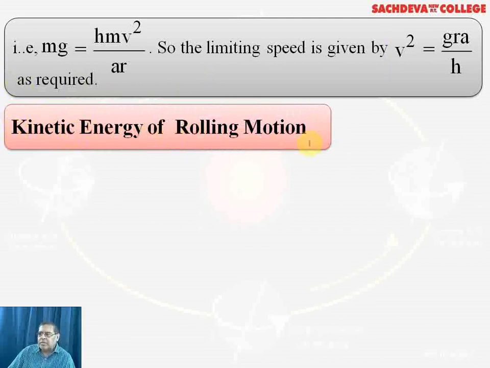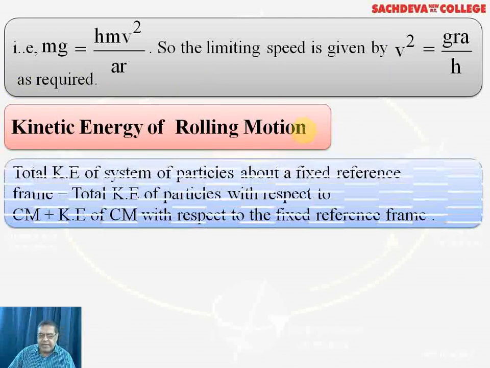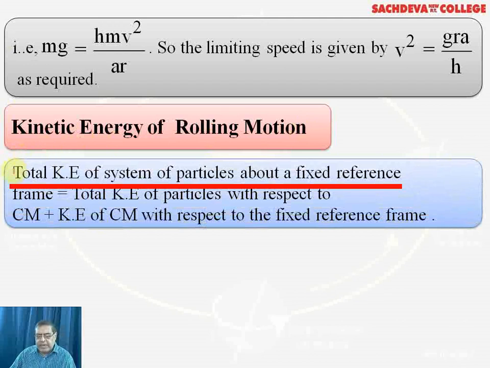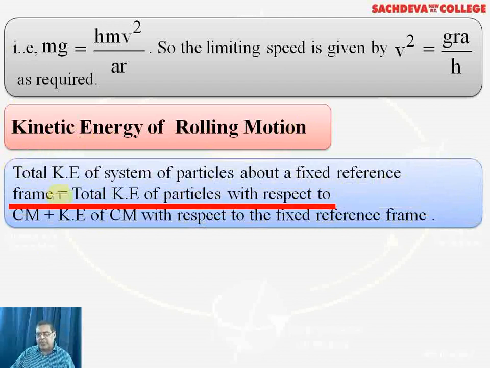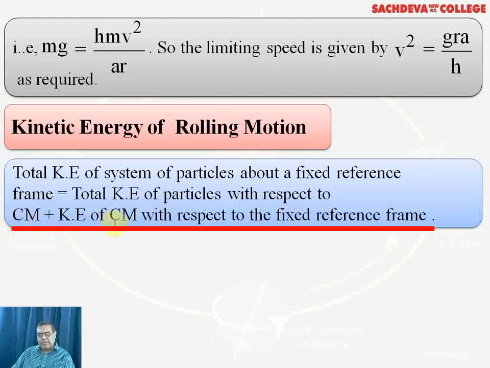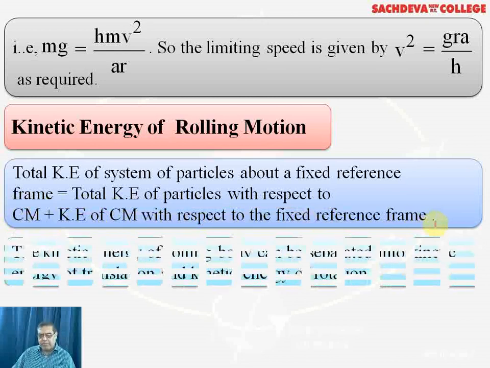If the body is rolling without slipping, how much is the kinetic energy? The total kinetic energy of the system of particles about the fixed reference frame is equal to the total kinetic energy of particles with respect to the center of mass plus the kinetic energy of the center of mass with respect to the fixed reference frame.